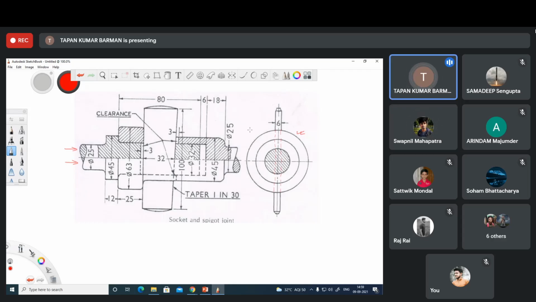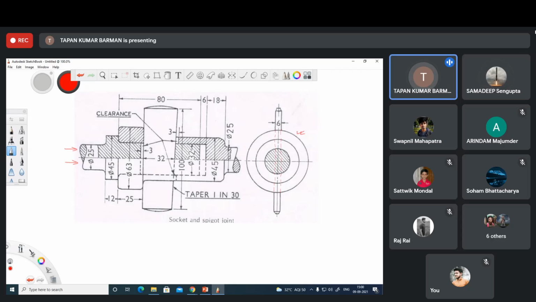So here, these two lines should be dashed lines. Also, the hatch lines direction is from upward to downward. While if we take the right hand view, then it would be from downward, in the opposite orientation.